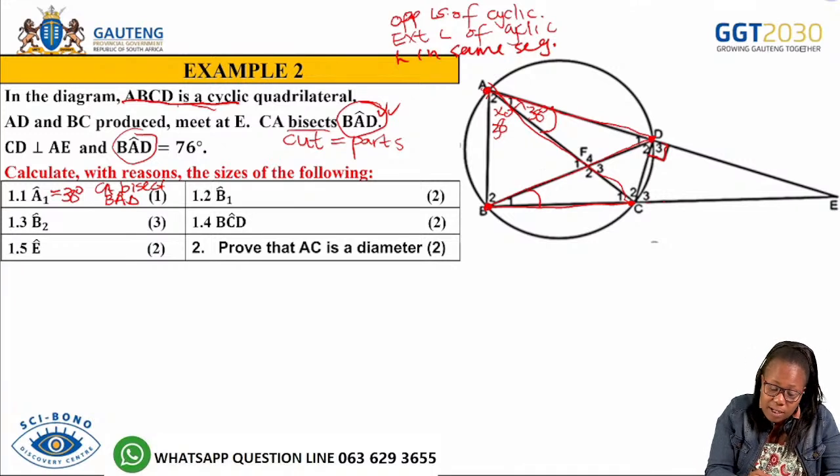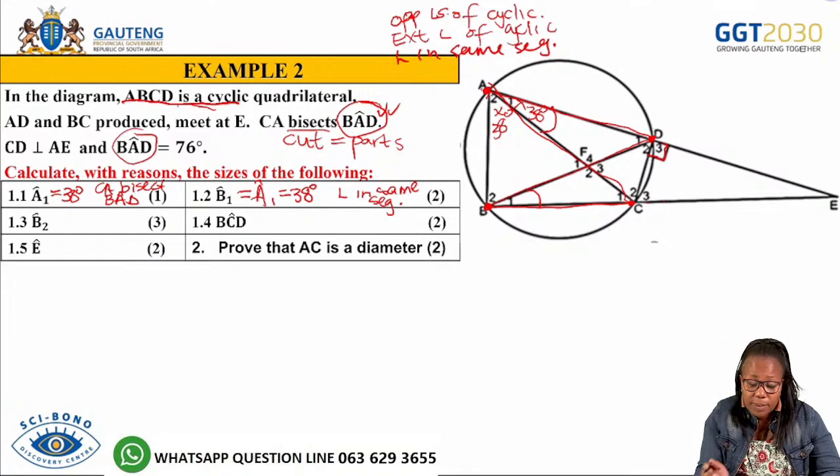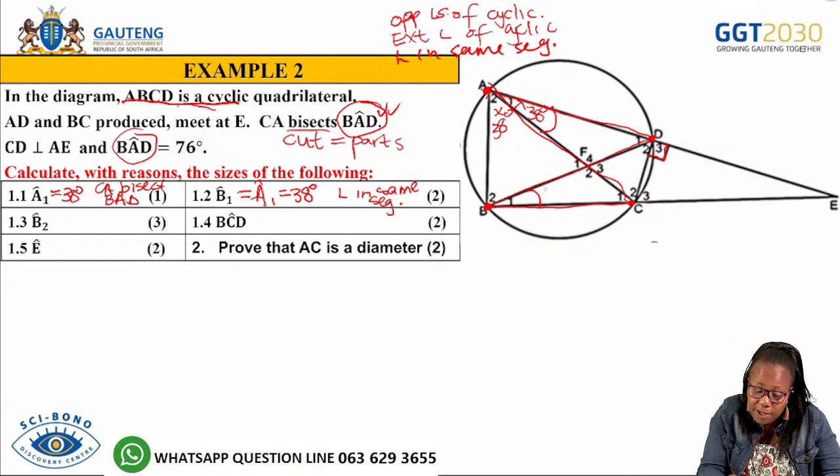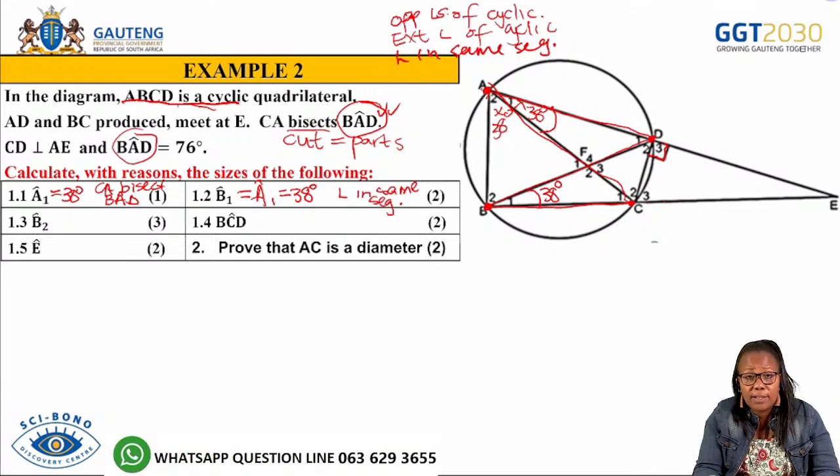Therefore, B1 is equal to 38 degrees from angle A1, which is equal to 38 degrees. What is the reason for that? Angle in same segment. After calculating the value of an angle, we add it on the diagram. Then B1 will be 38 degrees.